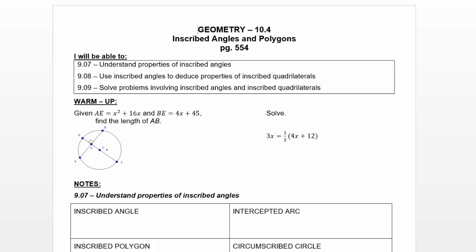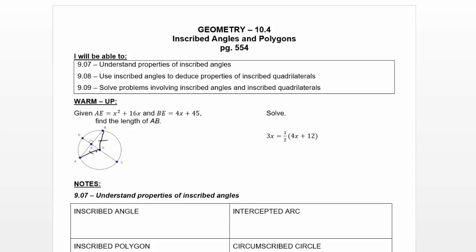It turns out that since this is a diameter and O is the center, if we were to connect A to O and B to O, we'd form two radii, and these are the same length because every radius is the same in a circle. Also, it looks like I've formed two triangles.